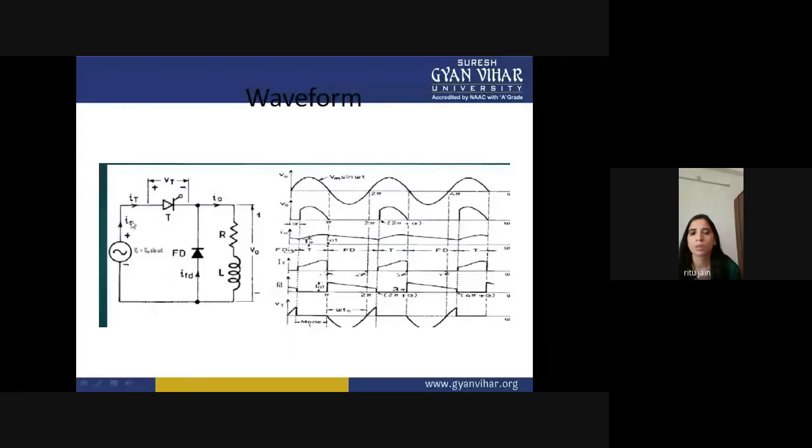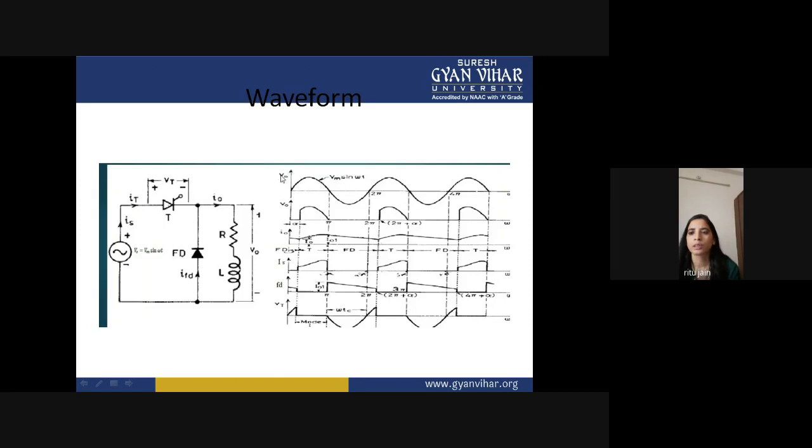The current supplied by the supply voltage is IS, the current flowing through the thyristor is IT, and the current flowing through the freewheeling diode is IFT. The output current flowing through the load is I naught, and the output voltage is V naught. Okay. So first we will start from the positive half cycle.